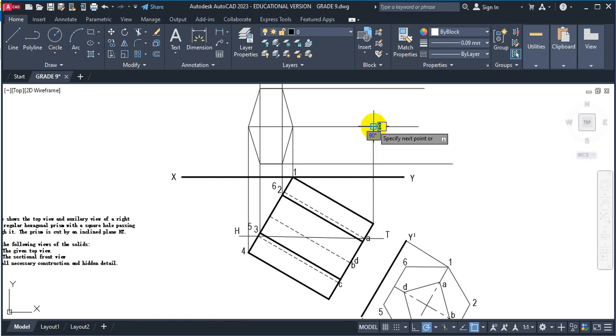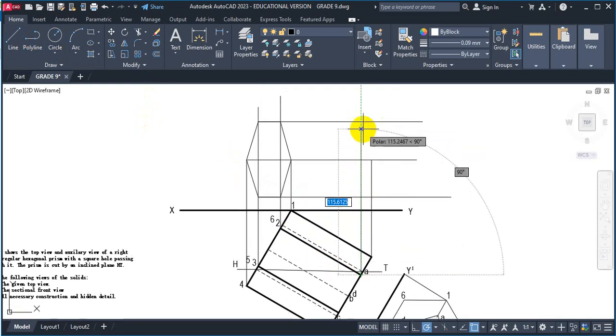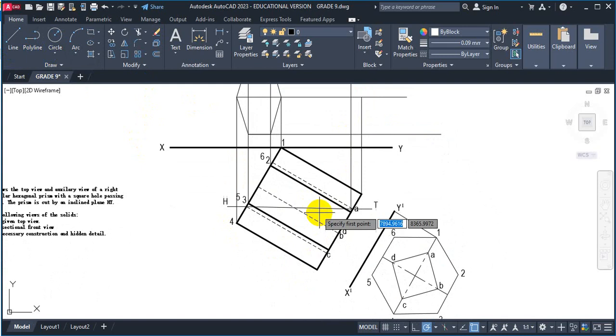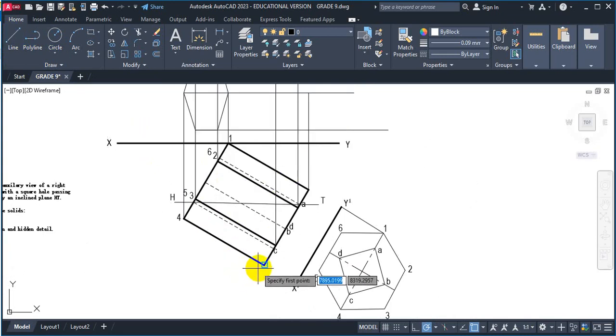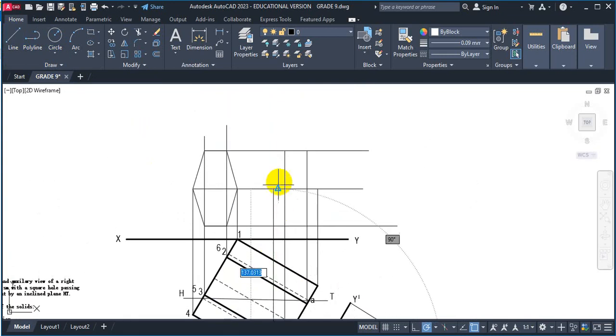That's where 1 should be. Then I'll take 2 and 6. Now we know it's going to cut up to there. Now I'm going to take 5 and 3. Now we know it's going up there because we're getting the same shape. And then lastly, I'm going to take number 4. And it goes up here.